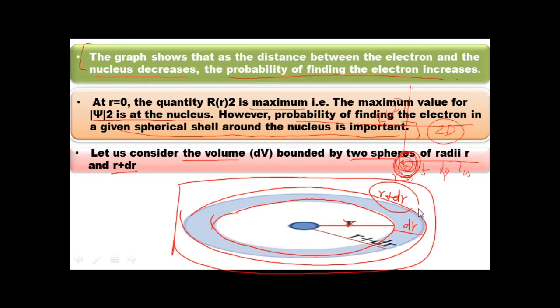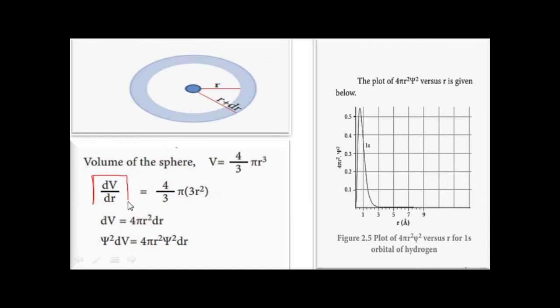First, dV divided by dr. What is dV? dV is the change in volume with respect to radius. When the radius increases from the first sphere, the volume also increases.